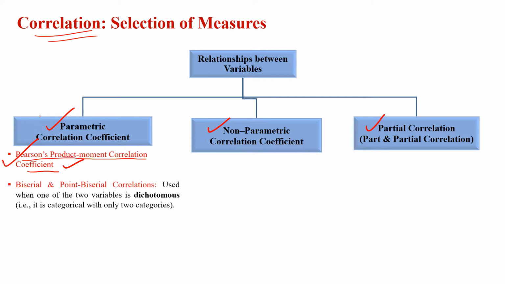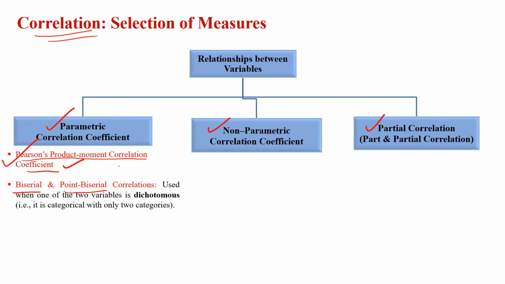There are two other techniques in the parametric correlation coefficient. One is biserial correlation, and another is called point biserial, because both of them depend upon the Pearson correlation coefficient.